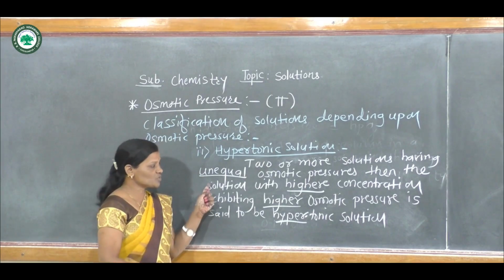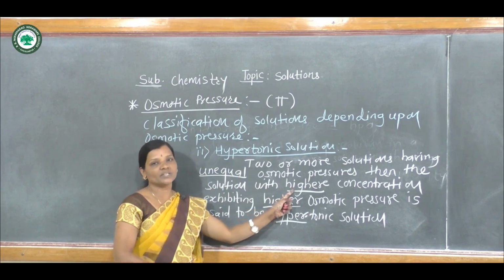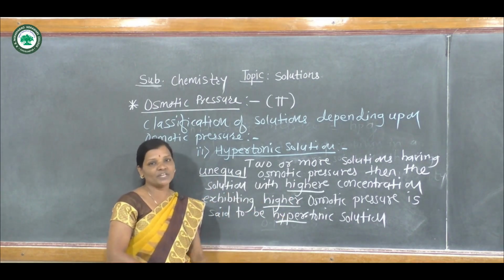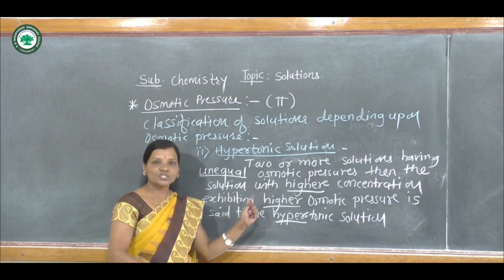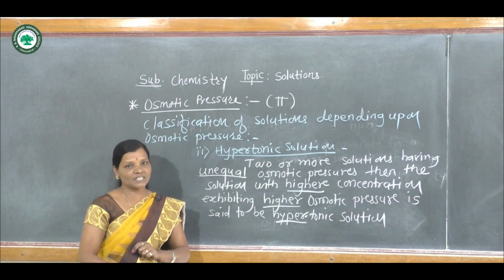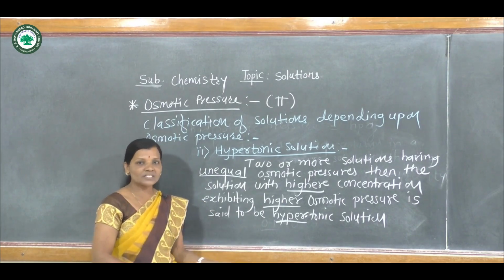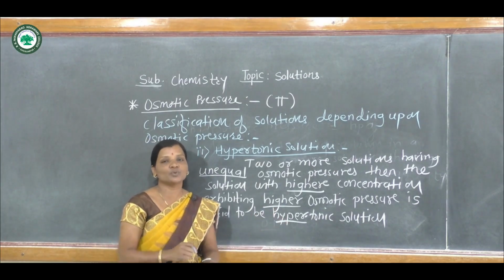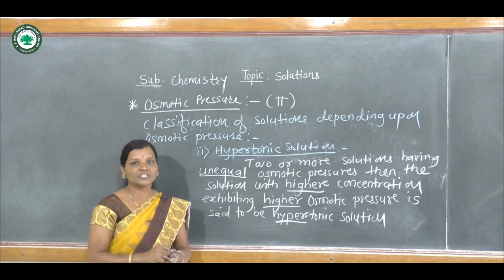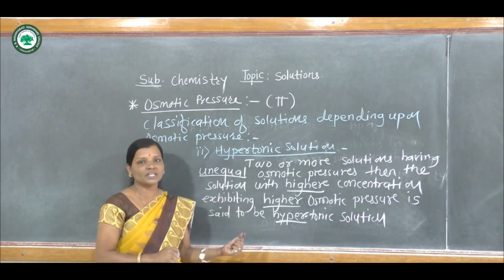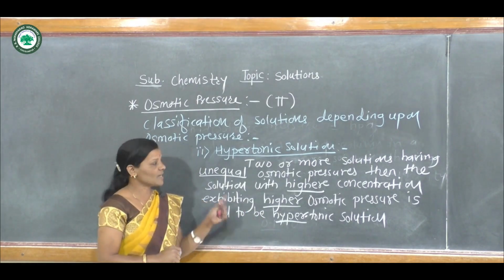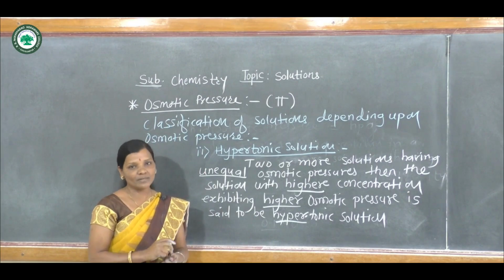Because osmotic pressure depends upon the number of solute particles present in the solution, obviously if the concentration of the solution is higher, it has higher osmotic pressure, and such a solution is said to be hypertonic with respect to other solutions. That solution is a hypertonic solution.